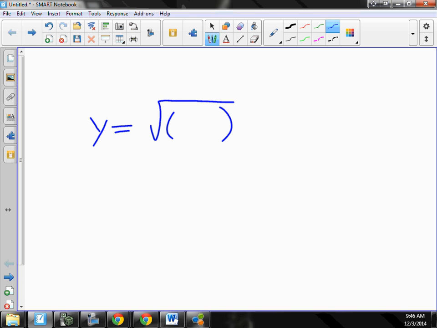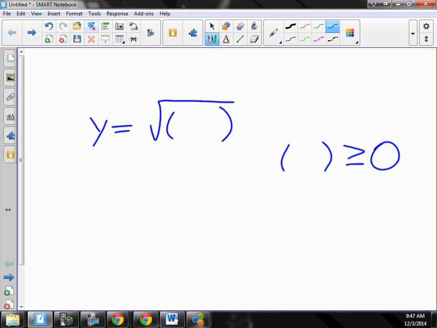There are only certain numbers I'm allowed to plug in, right? So this parenthesis, I know something about the contents of this parenthesis. It's anything from 0 to infinity, right? So the parenthesis is greater than or equal to 0. Because if the parenthesis is a negative number, I get an i, and I can't graph i's.